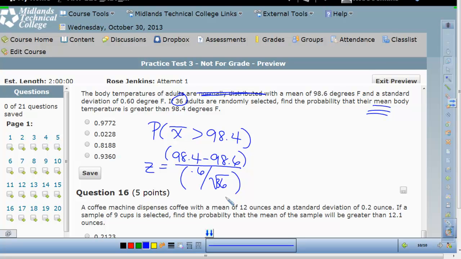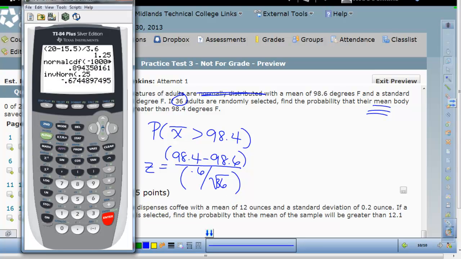Okay, but anyway, we're going to find the z-score. We get 98.4 minus 98.6 divided by 0.6 divided by square root of 36. So I'll just say 6 because I know that's what that is. I get negative 2.